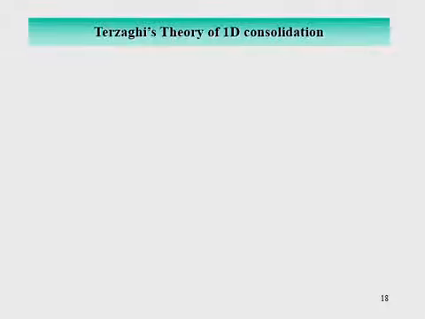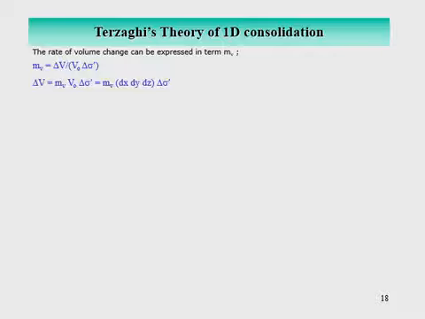Now we will use the third major equation, that is the coefficient of volume compressibility, m_v. We know that m_v is the change of volume per unit original volume per unit change in stress. We can rearrange this, and then delta V would be equal to m_v into V naught and delta sigma prime. We know that V naught, the original volume of the soil element, is dx into dy into dz.